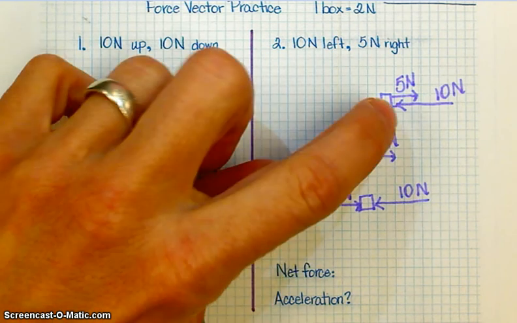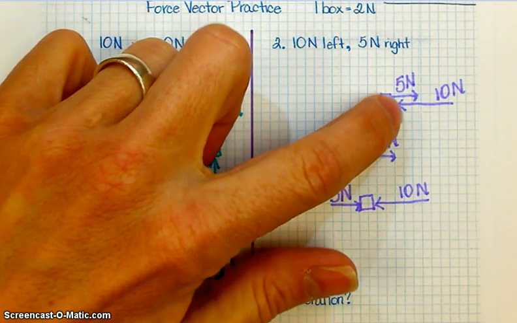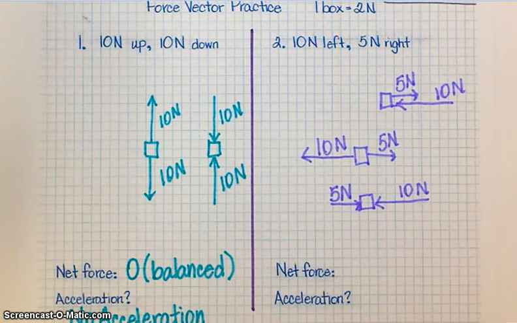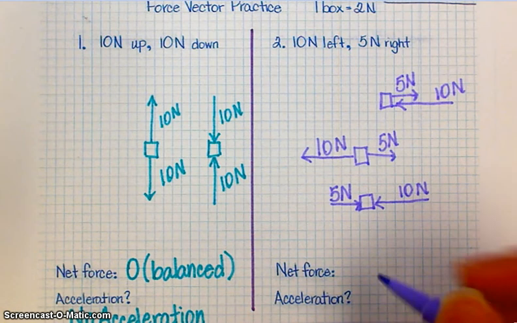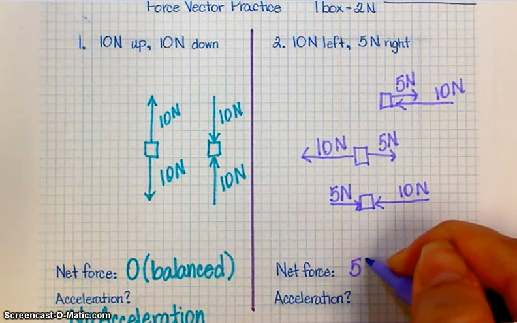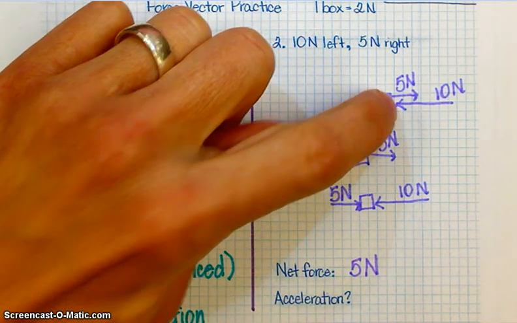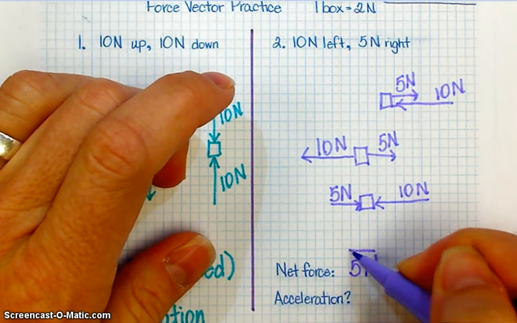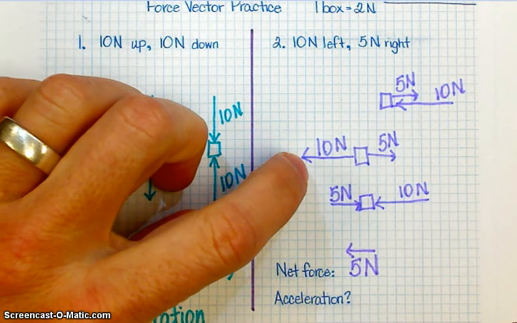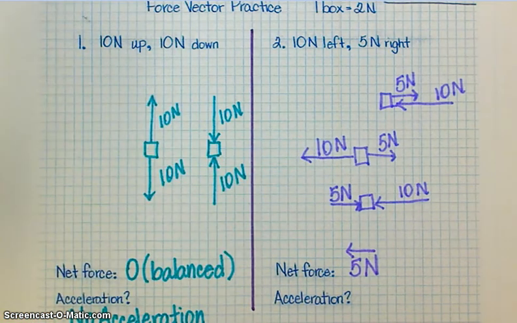Okay? In this case, your net force is going to be 5 newtons. And we also have to state which direction the net force acts. So the net force is going to be 5 newtons to the left. And the reason it's to the left is because the bigger of those two forces points to the left. So kind of the bigger force wins.